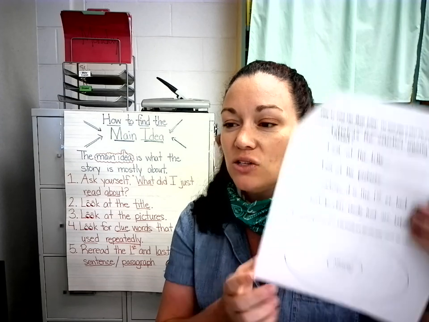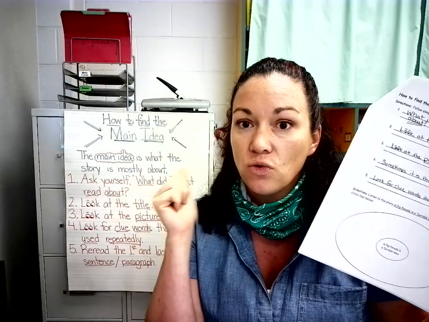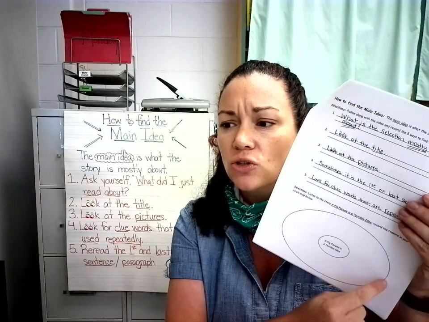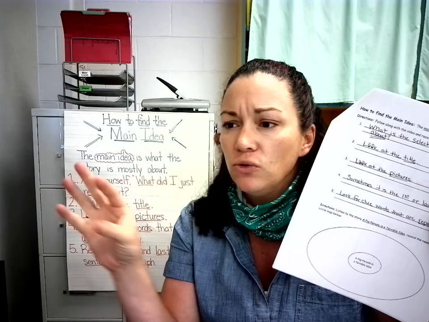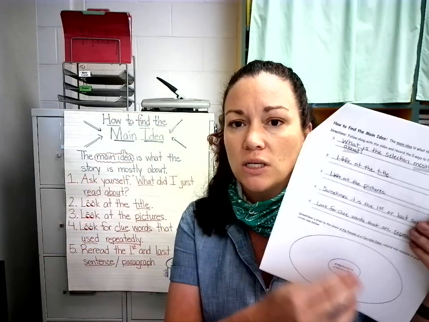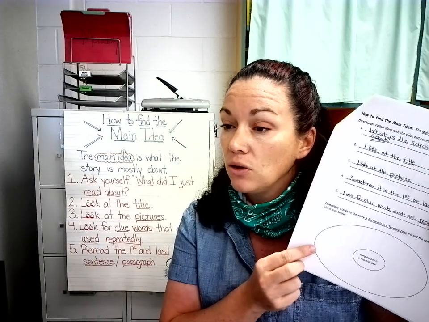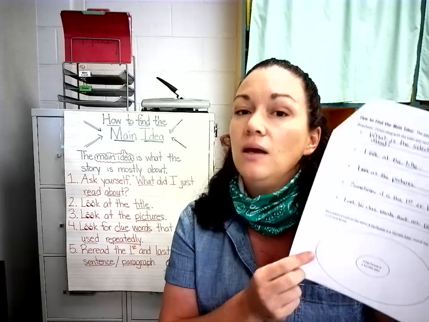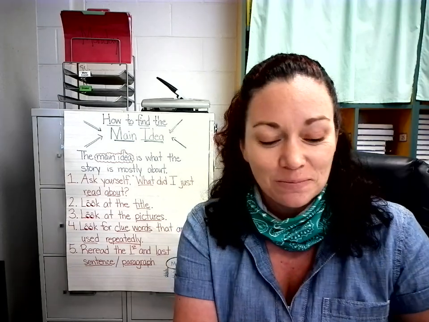You should be turned to page 2 of your packet, pencil in hand, ready to go. When you write your reasons, just put them around the circle map. Just a few words, they don't have to be long sentences, just a couple of hinting words as we go through. If you need to pause the video because you take a little longer to write, that's fine. Pause it and then keep going. Okay, you guys ready? All right.